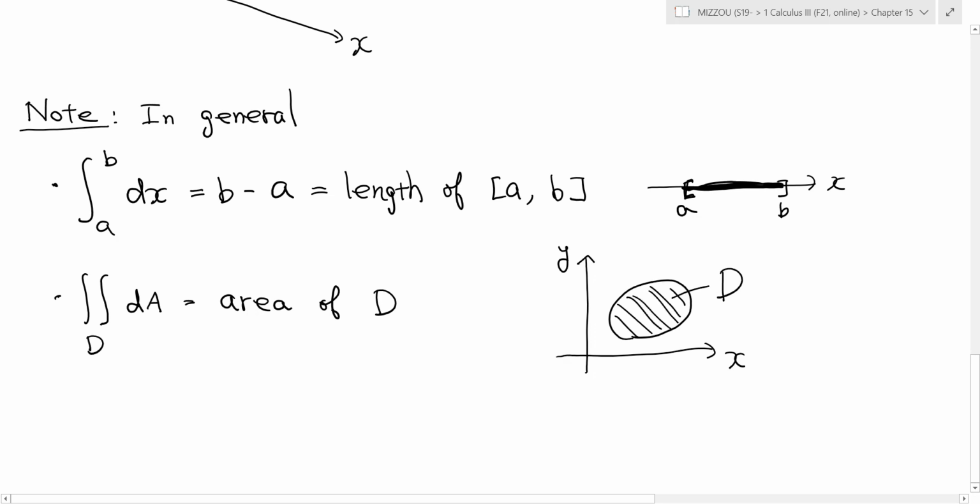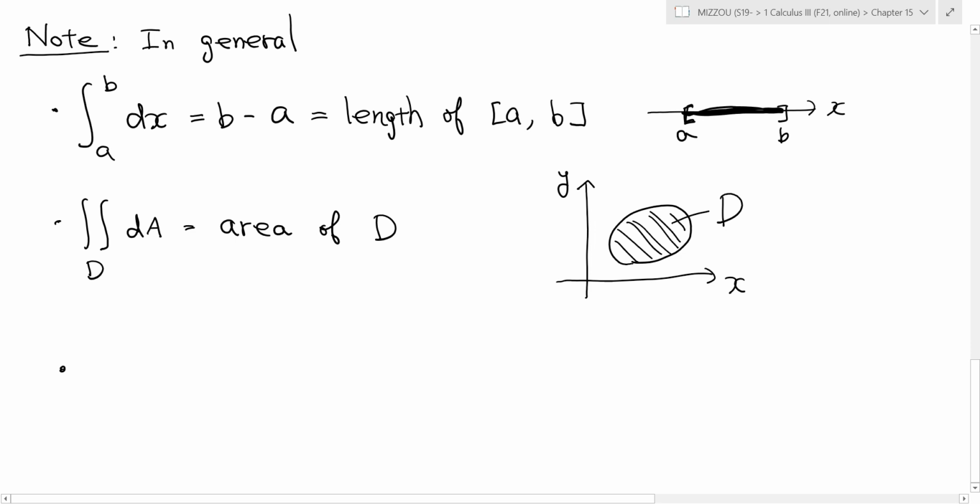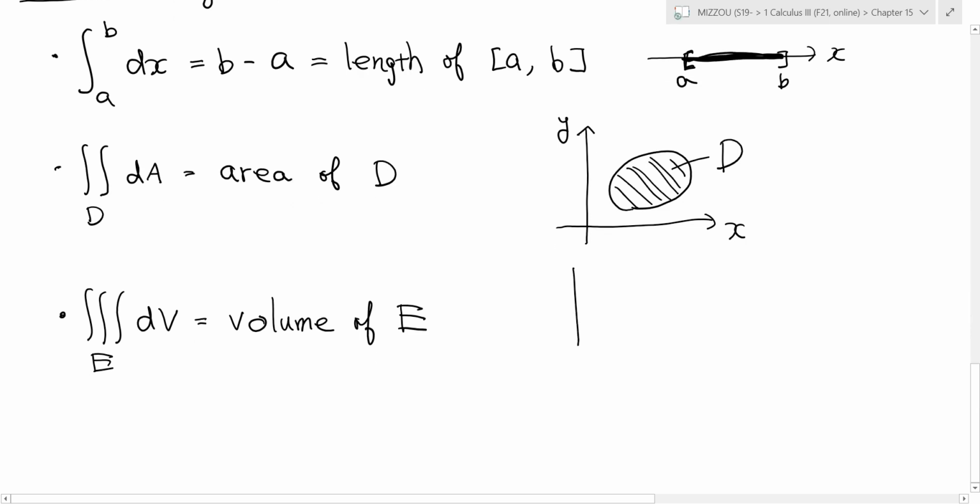This is D. And finally, if you triple integrate the constant function 1 over some solid E, what you get is the volume of E. And indeed, pictorially, it looks like this.